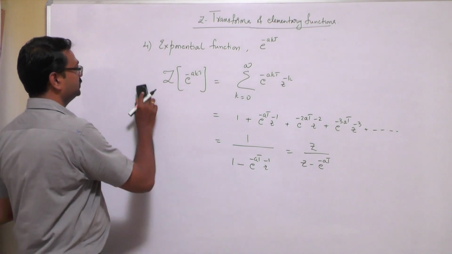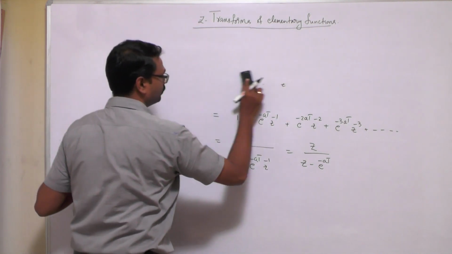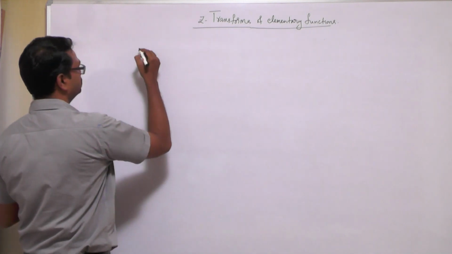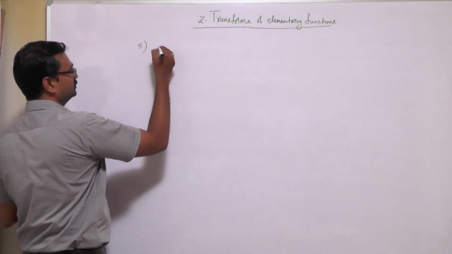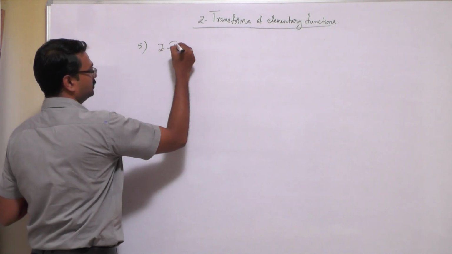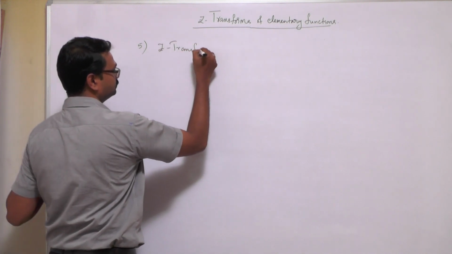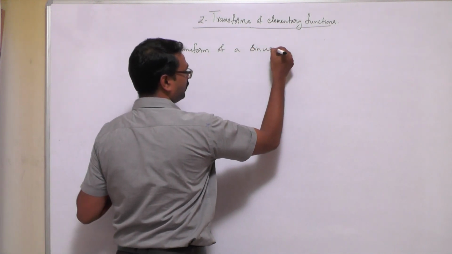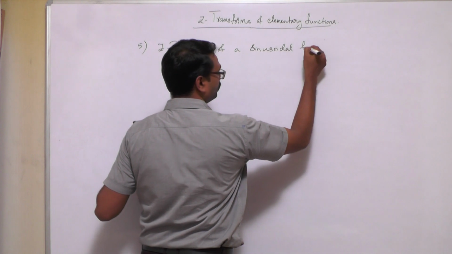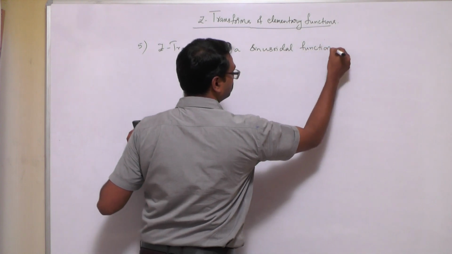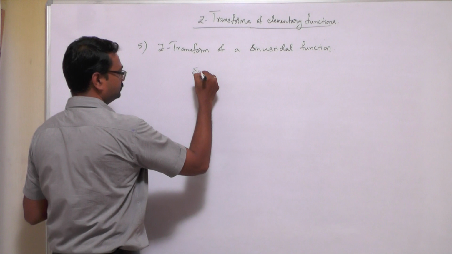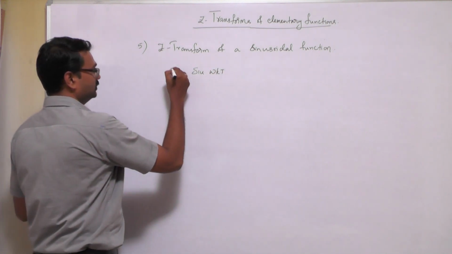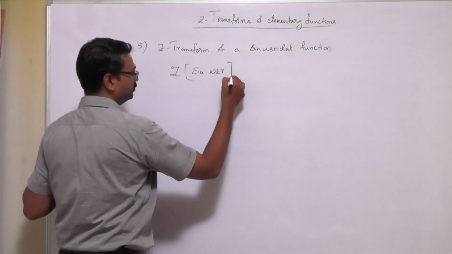Similarly, you can go with the z transform of a sinusoidal function, sin omega t or sin omega kt. So the z transform of sin omega kt.